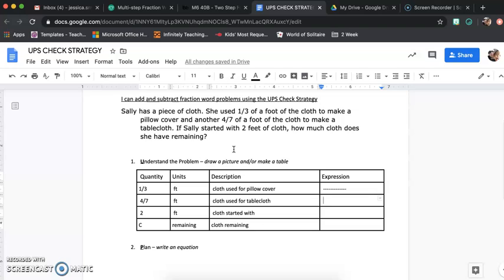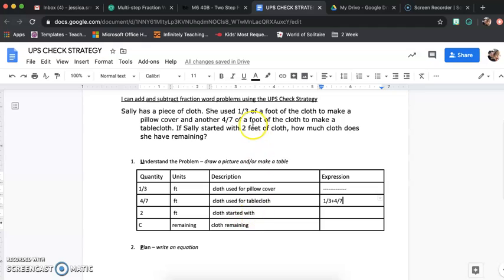And I want to add those together to figure out how much she used, since I know she started with 2. So here I'm just going to put 1/3 plus 4/7. And if you don't know how to do the plus sign, you'll see the plus sign is above the equal sign. You want to hold down shift and hit where it says equal, and then you'd get the plus sign. Okay, so we're going to have 1/3 plus 4/7.